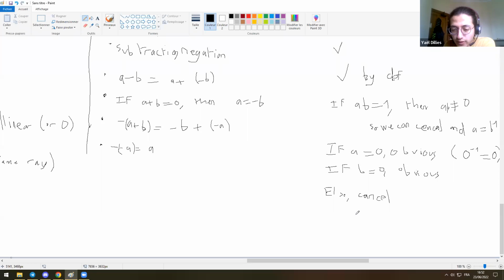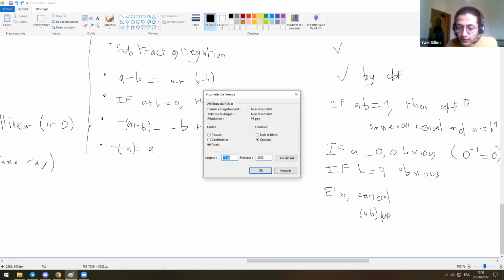And we only need to show that A inverse times B inverse times B times A is equal to, sorry, it should be AB times B inverse, yes.